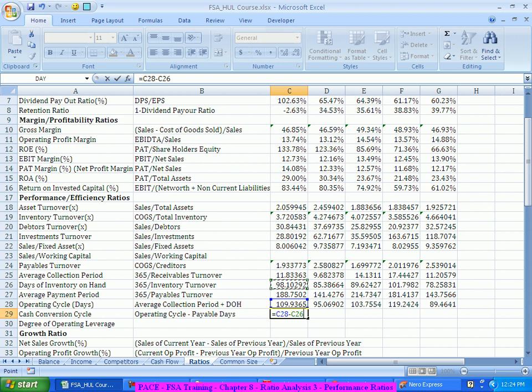Right now I have almost a 54-day leverage. So I can invest this cash for almost 54 days in some other investment, earn some return, and then pay my vendor. Otherwise, I can negotiate with my vendor for a better rate. This is the way we evaluate the operations or performance part of the company.